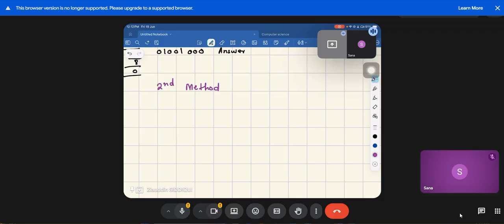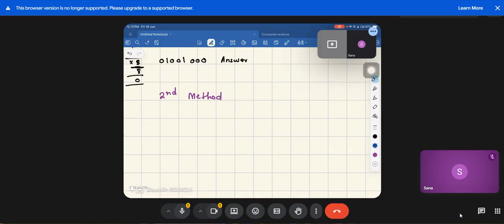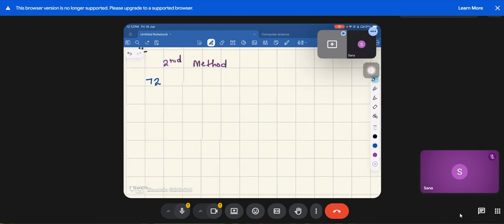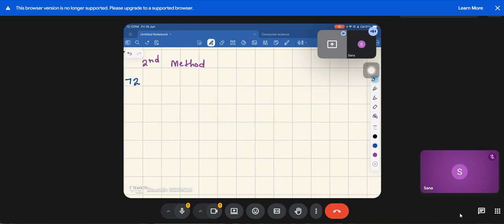Now 72 is the number, and this is called the repeated division method. As we have to convert into binary, we are going to divide this number by 2. 2 threes are 6, carry 1. 2 sixes are 12.